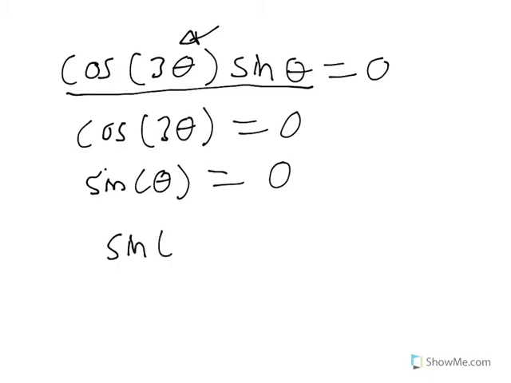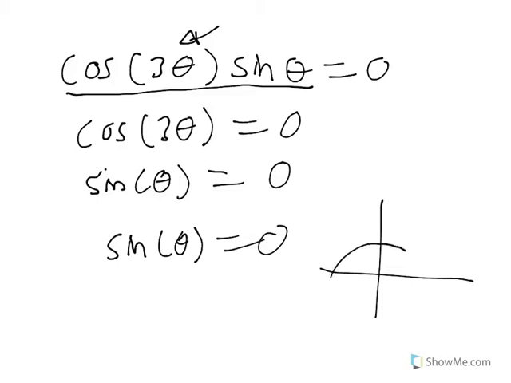So the sine of theta equals 0. You'll learn this in your trigonometry class, but if you have a unit circle, it looks like this. The sine of theta, and theta is just a measure of the angle, equals 0 at this point right here, which is actually 0.